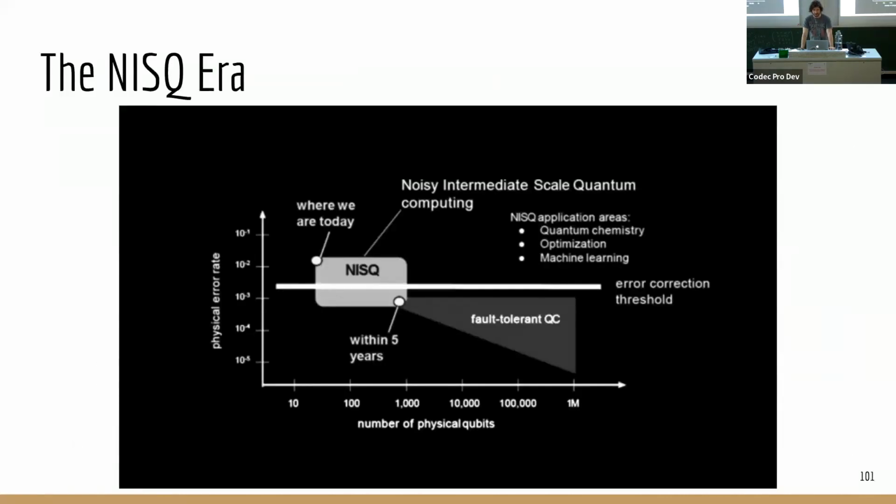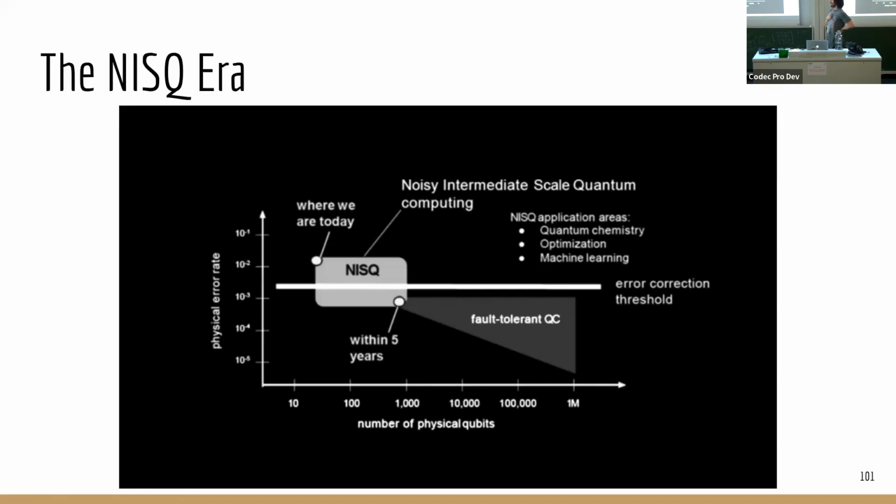Another piece of information that I'd like to share is, if you hear people talking about quantum computing, you will hear them say that we are in the NISQ era. NISQ stands for Noisy Intermediate Scale Quantum Computing. I think this name leads you to think that we will be out of the NISQ era.